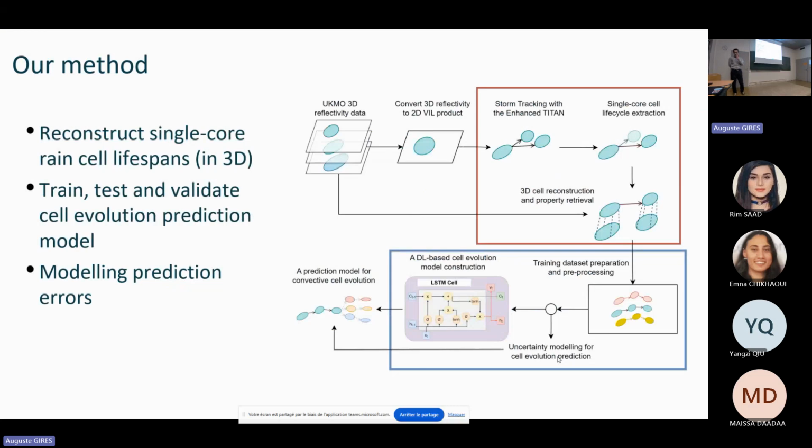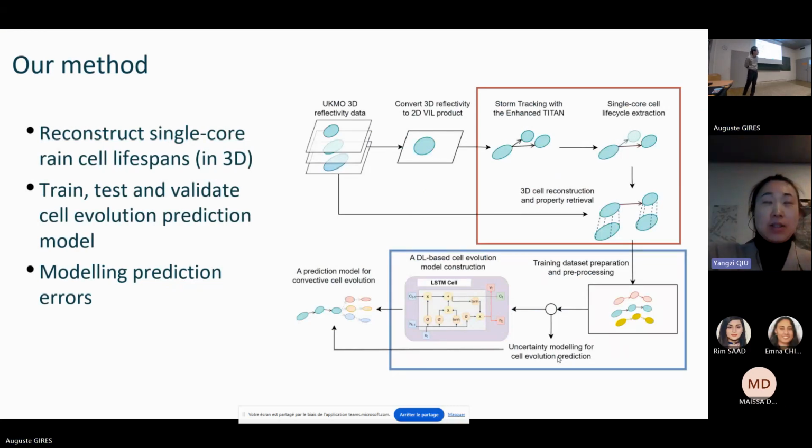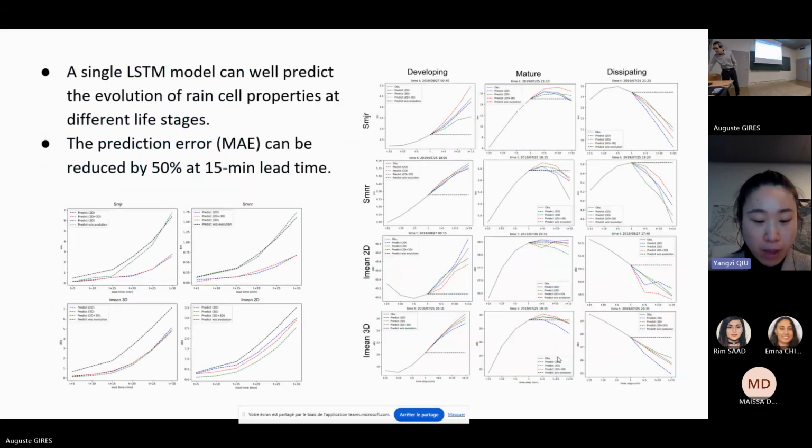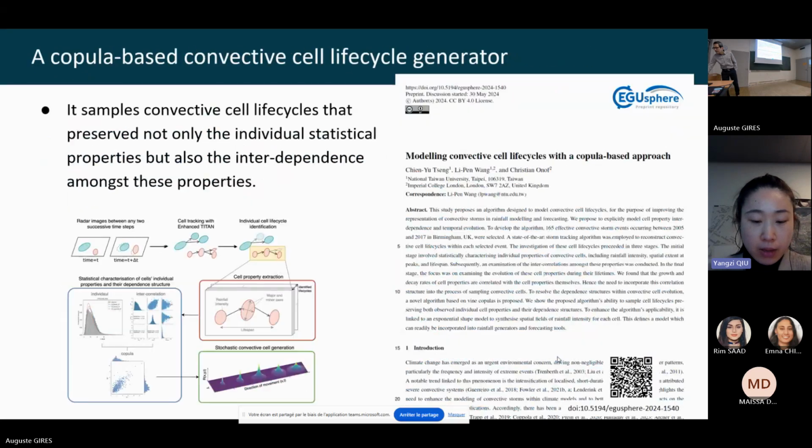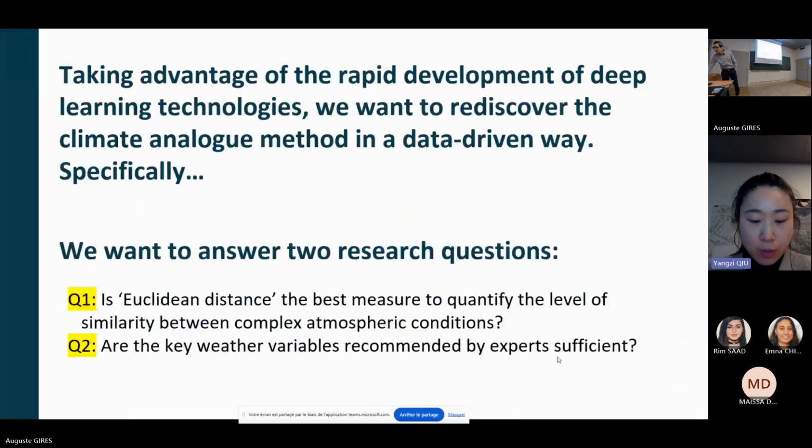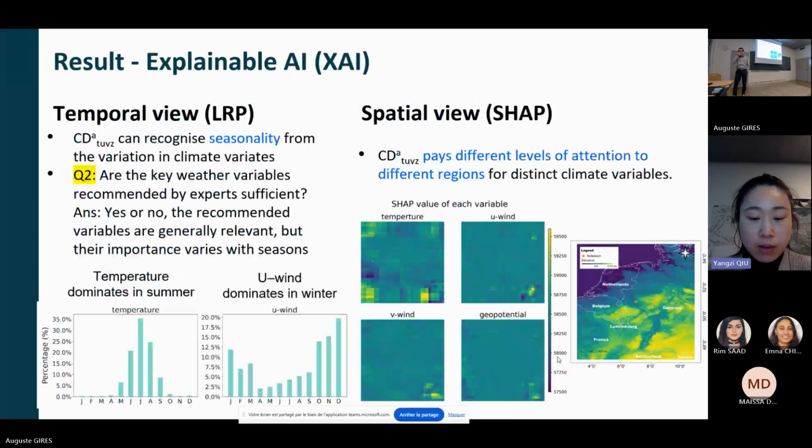Yangzi, if you have a question. Yes, thanks to Professor Wang for this presentation. I'm quite interested in the part on explainable AI because you mentioned a method called SHAP, and if I understand well, it's a method to explain the AI model, indicating which feature is more predominant in your modeling.